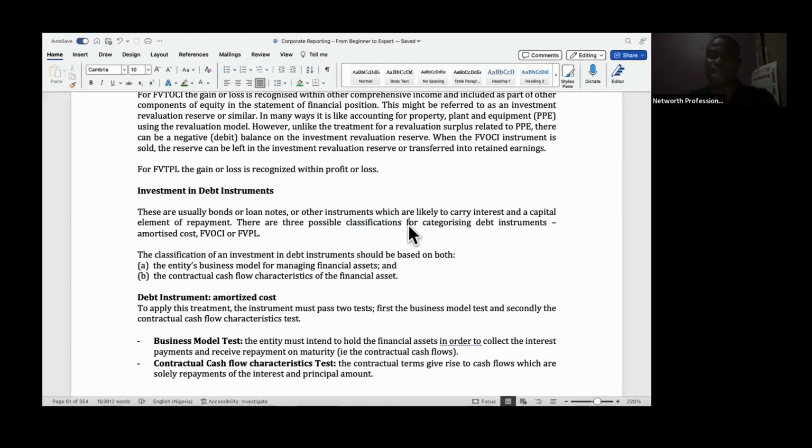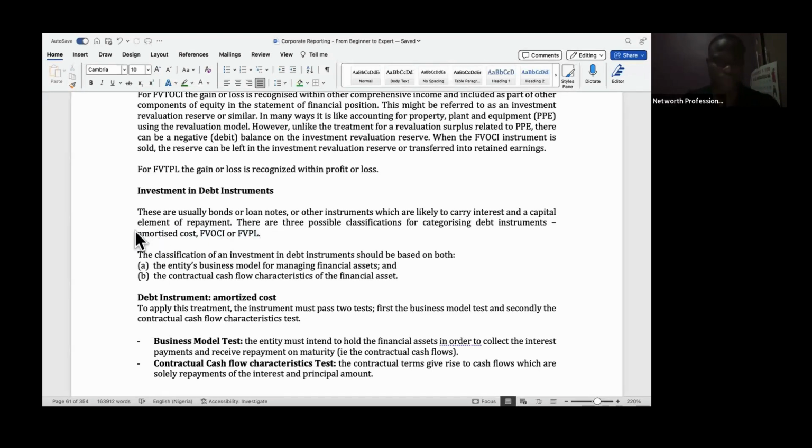Remember, for equity, I said you classify it either at fair value through OCI or at fair value through P&L. But for this one, there are three classifications: one is at amortized cost, two is fair value through OCI, and the third is fair value through P&L.